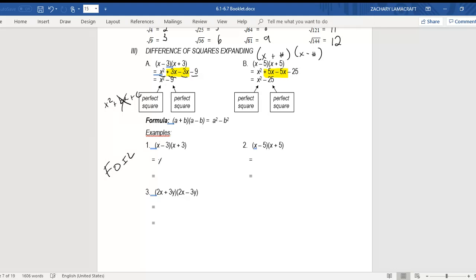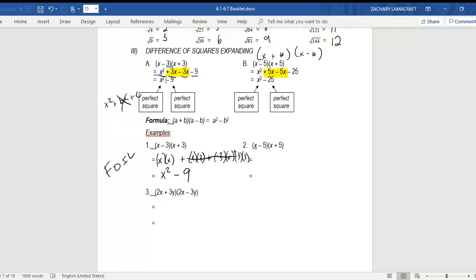So the first being x times x, our outsides being x times 3, our insides being negative 3 times x, and then negative 3 times 3. So we'd be left with x squared, and then 3x minus 3x would cancel each other out, and then we'd be left with negative 9.